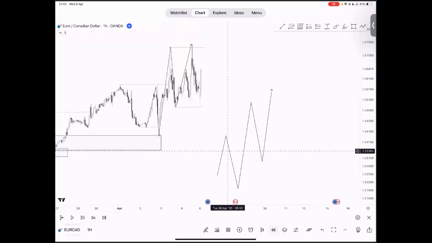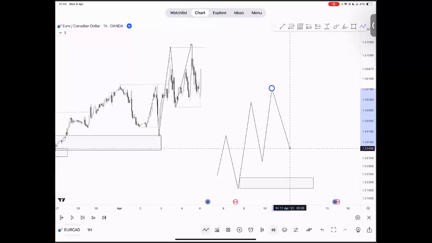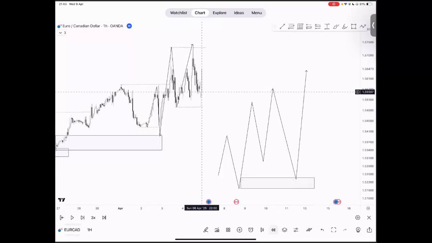Something just like this. Price takes out a low, breaks structure, engages, puts in this high, and then you're anticipating the order. Price comes back to this point and buys, just like this, right? This was just recent price action. I think it was even today or yesterday that this hit take profit, right?